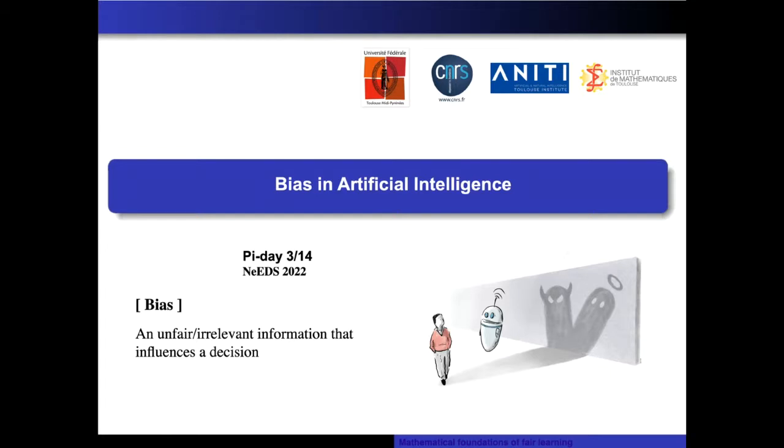If you look in the dictionary, you see that what is meant by bias is some irrelevant information that influences a decision but should not. So it's closely related to the notion of unfairness or confounding effect, and we're going to see how this notion interacts with machine learning.